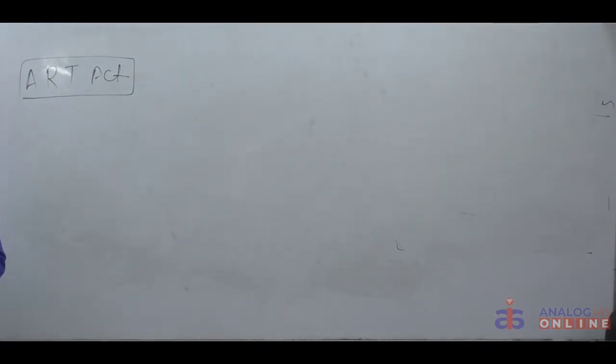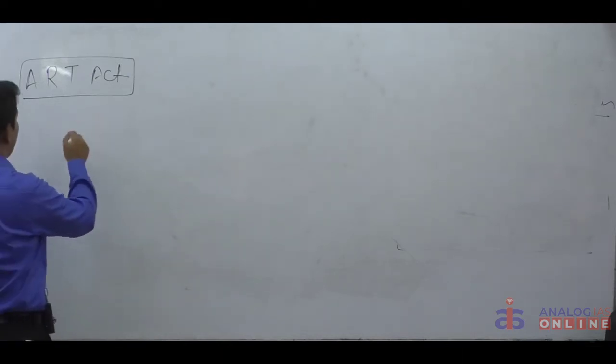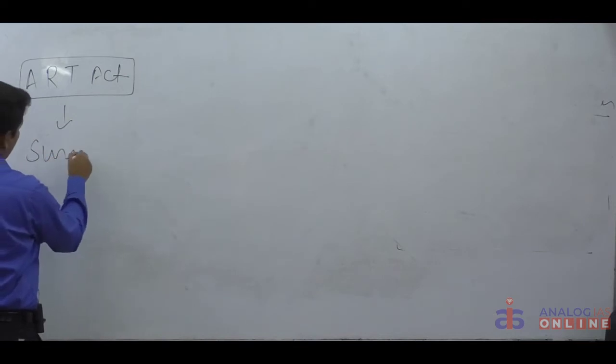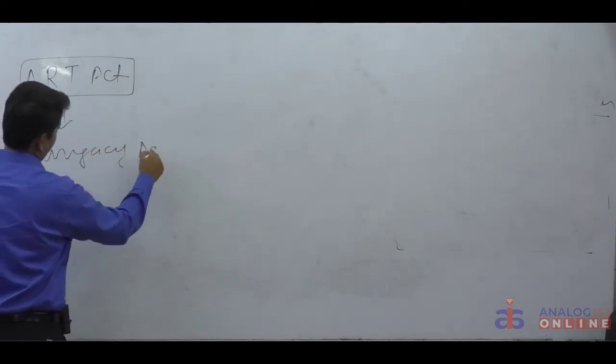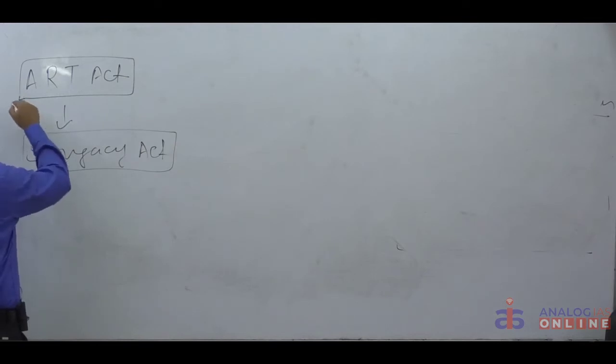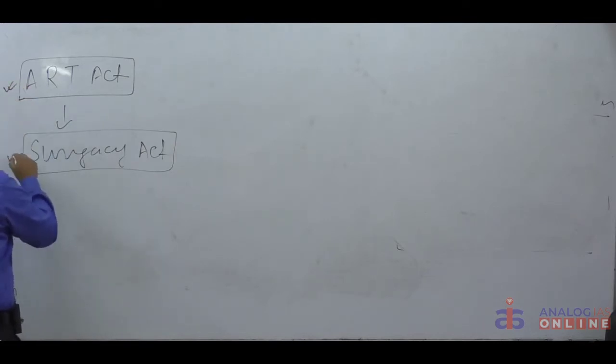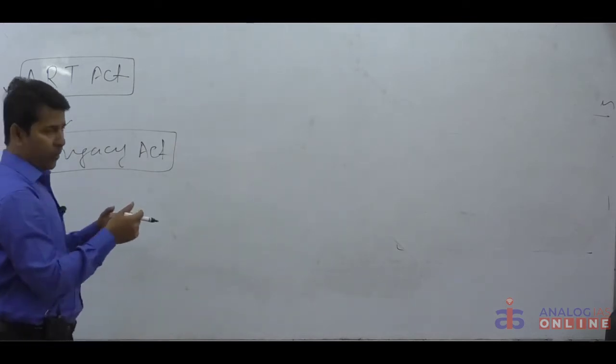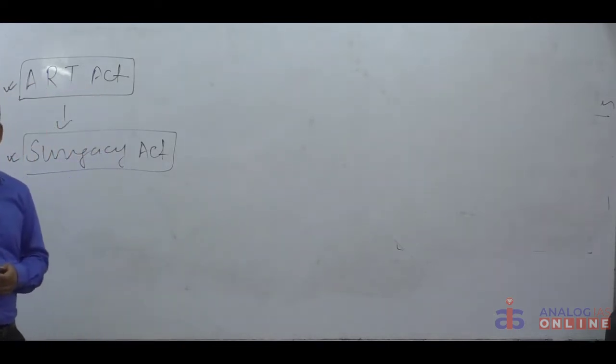But again, to make the Surrogacy Act work, they had to pass one more act before the Surrogacy Act. So it was like ART Act and then Surrogacy Act. So two acts. Rather, you can consider that ART Act became the background of the Surrogacy Act.